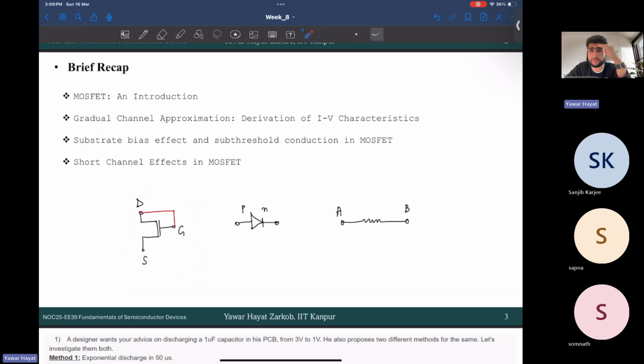And what about the region of operation of this MOSFET? In which region of operation will this MOSFET be? Sir, repeat the question. Okay, the question is, this diode connected MOSFET lies in which region of operation?